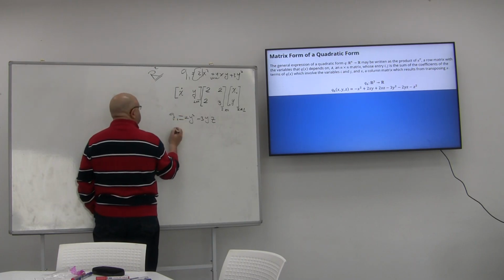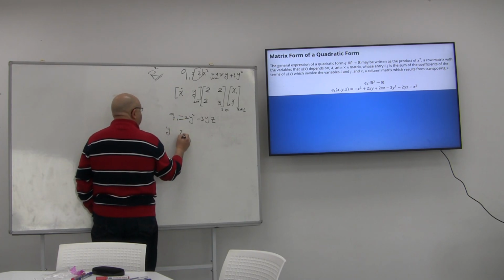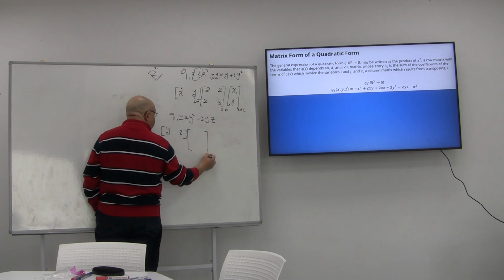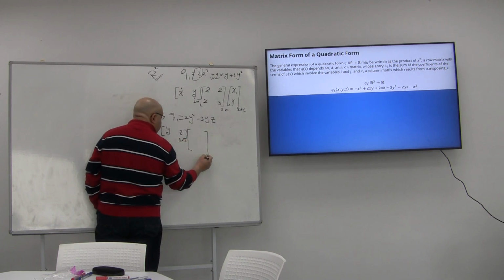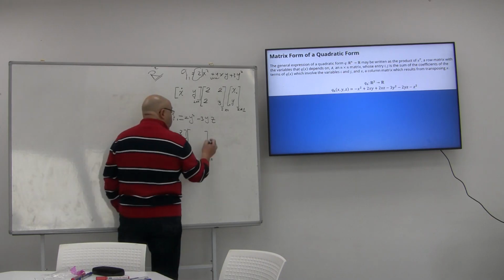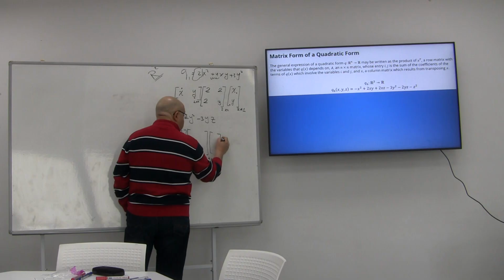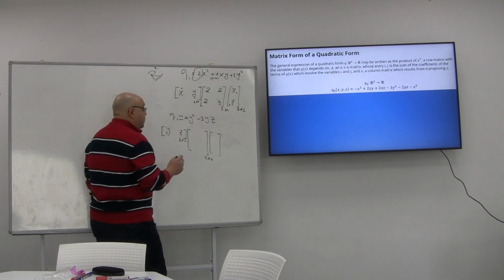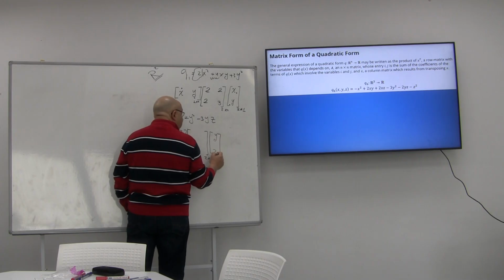The dependent variables are y and z. There are just 2 of them. And this is going to be the 2 by 2 matrix. Remark that this is a 1 by 2, so it's going to work in multiplication with a 2 by 2, am I right? And of course, the column matrix is going to be the transpose of this row matrix, so it's going to be simply y and z.